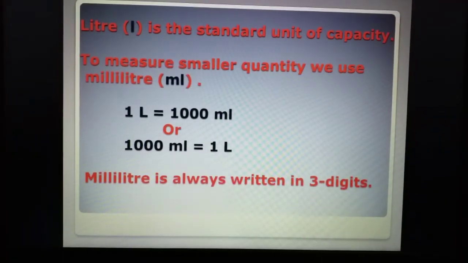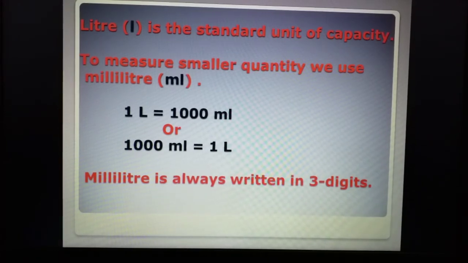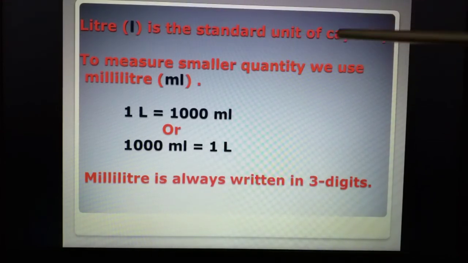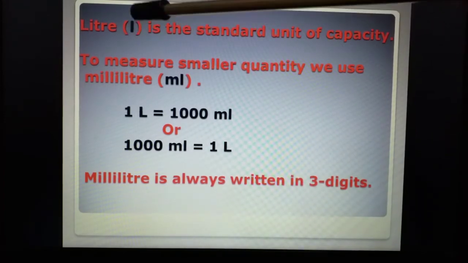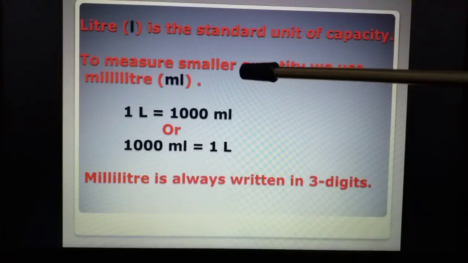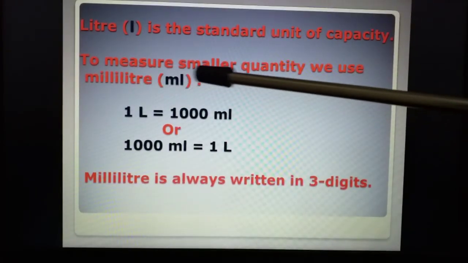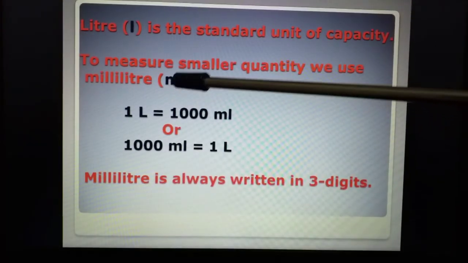Now, let's learn the units of measuring capacity. There are different units of measuring capacity, but in class 3 we have learned 2 units of capacity, liter and milliliter. Liter is the standard unit of capacity and it is denoted as L. And to measure smaller quantities we use milliliter, denoted as ml.